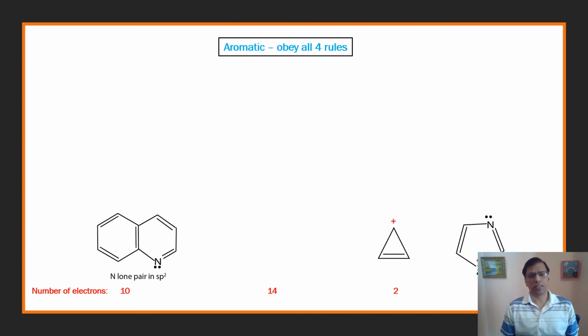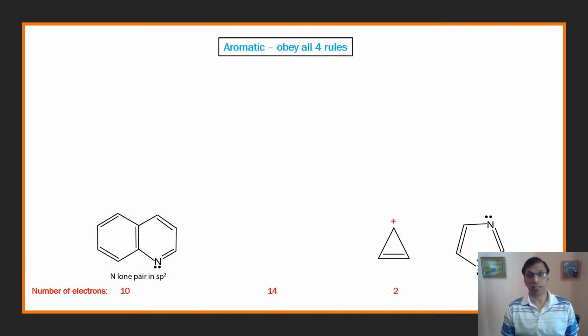Let's look at another example. In this case, there are 5 double bonds. That's equal to 10 pi electrons that are available for delocalization.